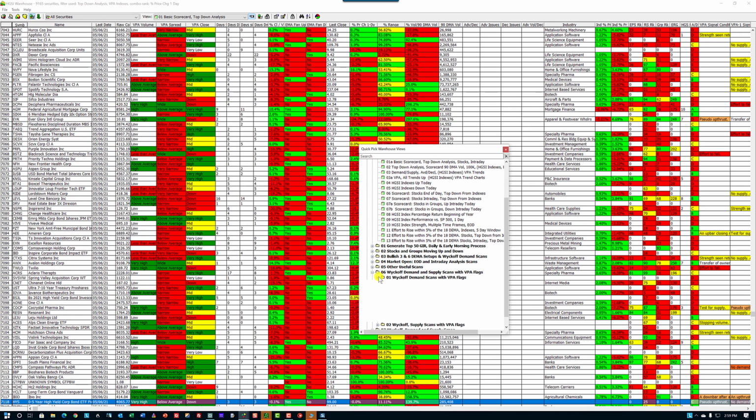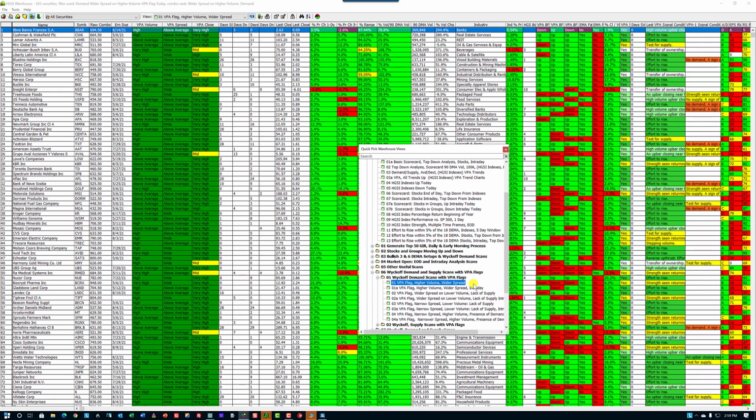Now I'm going to look at Wyckoff demand and supply scans with VPA flags. So we have a combination of Wyckoff scans with VPA flags.